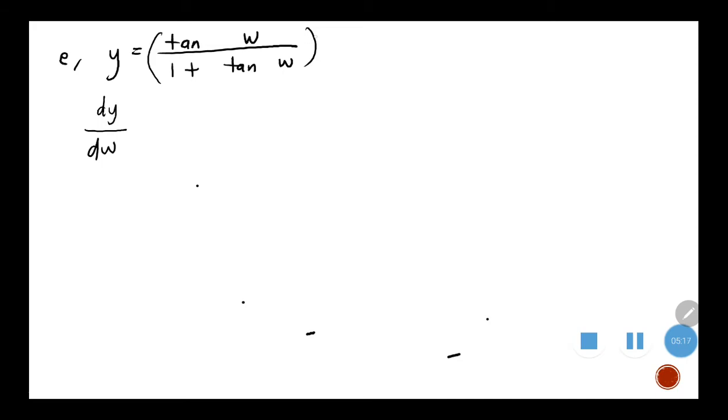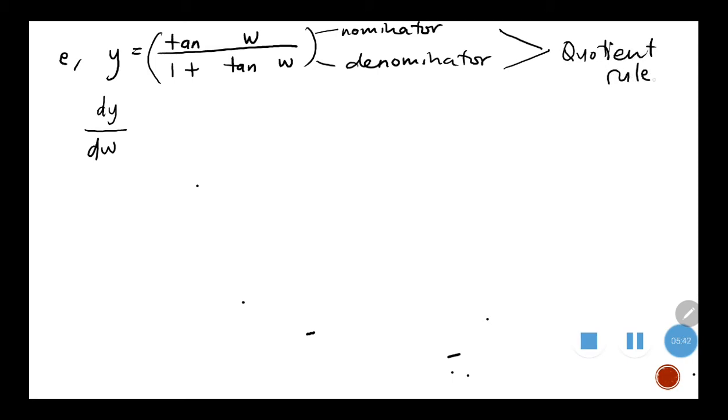No, we shouldn't, because this one has a numerator and denominator, or fraction. When you come across this kind of equation, you must use the quotient rule. So what is the formula for the quotient rule? It should be vu prime minus uv prime over v squared.